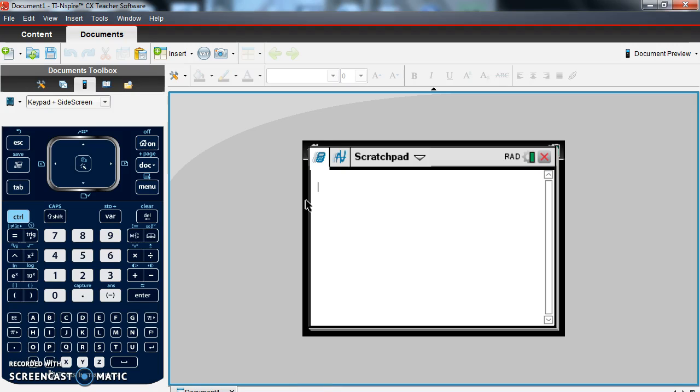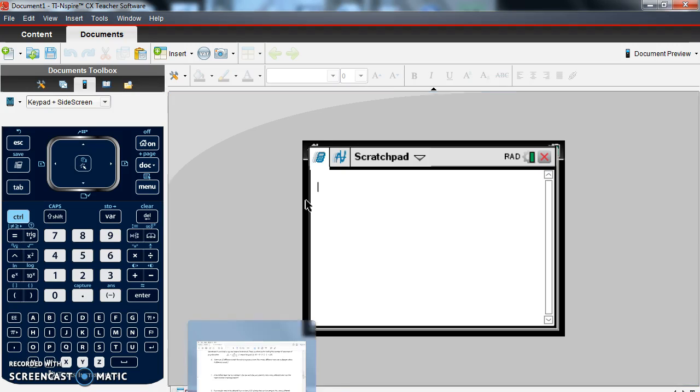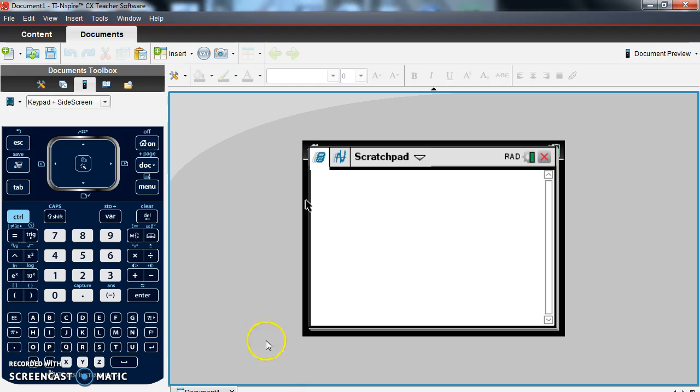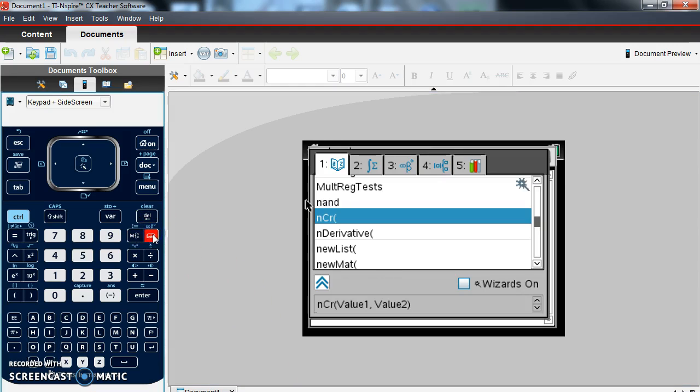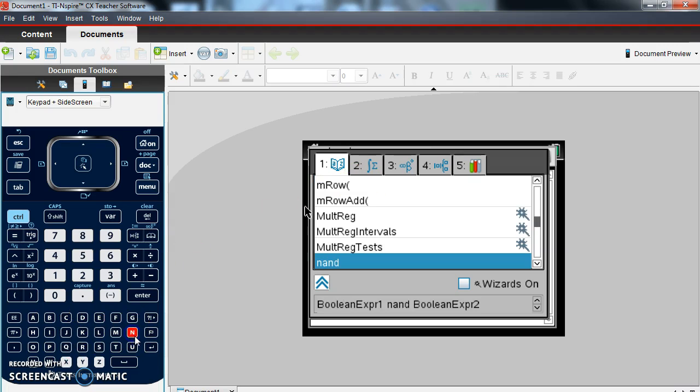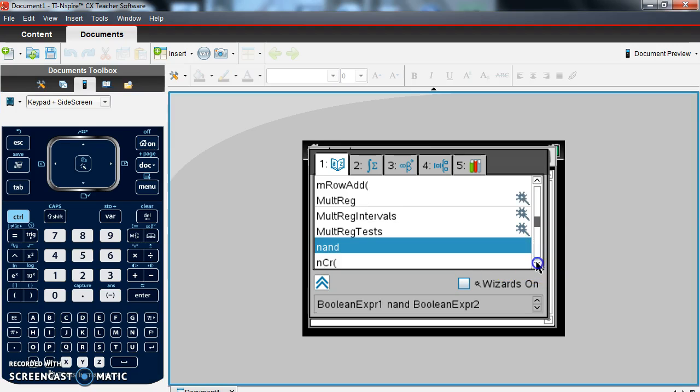Okay, at this point, I would like to do that same problem in the calculator. We had 11C4. There is a way to make this calculator do that. This little catalog button opens up a bunch of different options. Usually it starts here at the top of the list. We're on A. If you simply type the N button, that sends you down to the section with the N's.